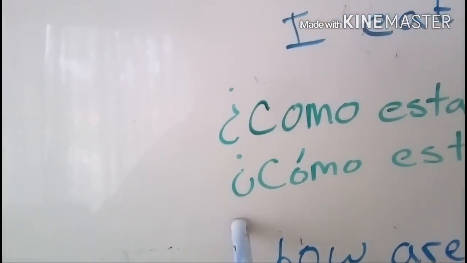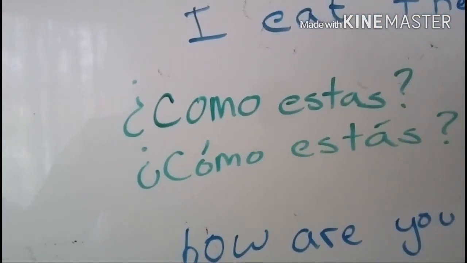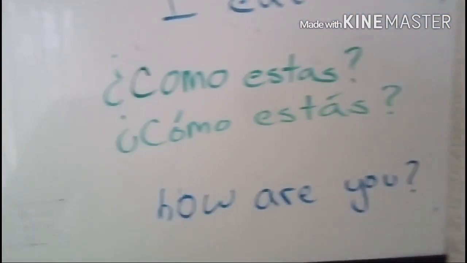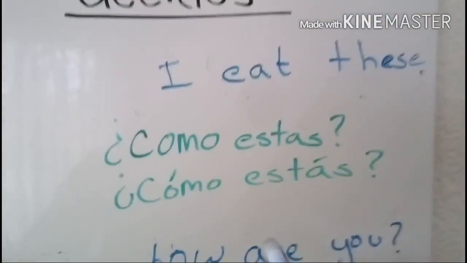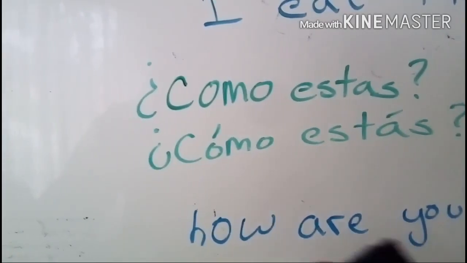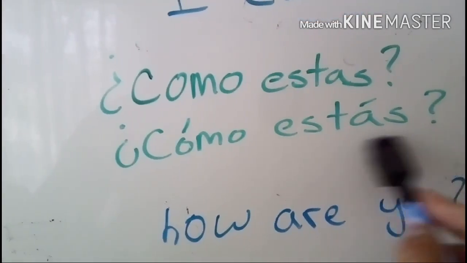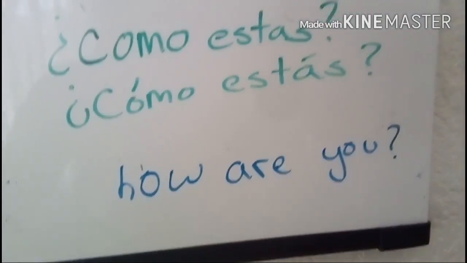Remember that in Spanish we have these initial and final question marks, also with exclamation marks. I will talk about that later. So, ¿cómo estás? With accents here and here, because the stressed part is here. ¿Cómo estás? And remember the S. So, how are you?